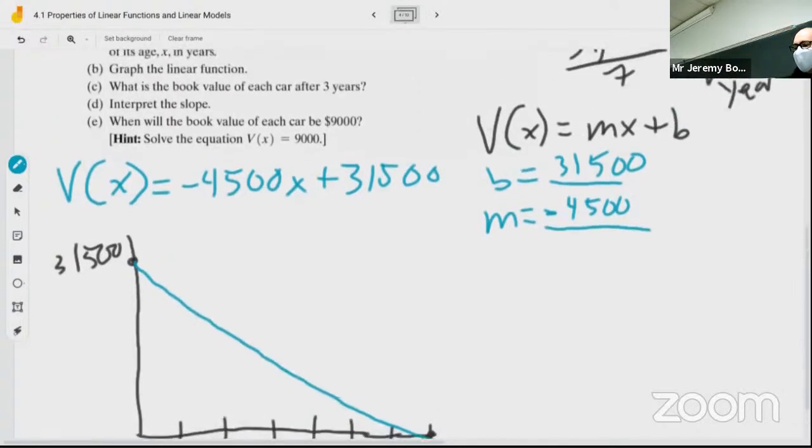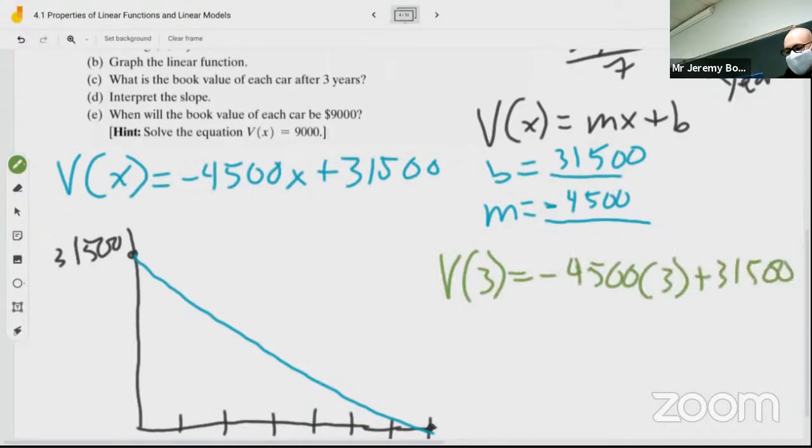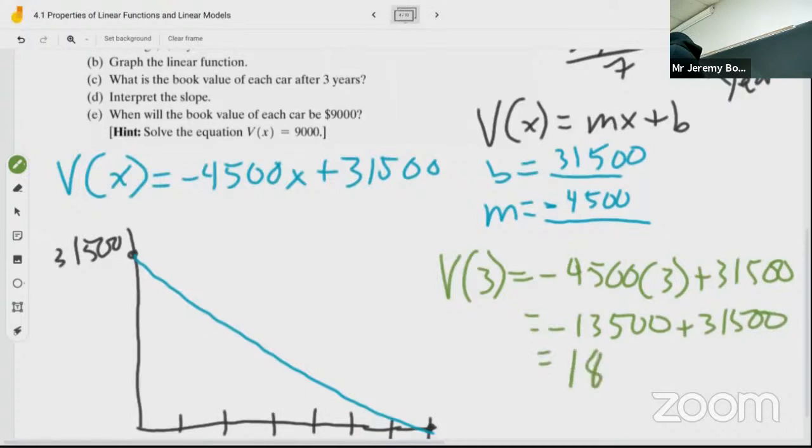Let's see. What is the book value of the car after 3 years? So if we want to know the book value of the car after 3 years, we're going to try to find v of 3, which would be negative 4,500 times 3 plus 31,500, which is going to be negative 13,500 plus 31,500, which would be $18,000.